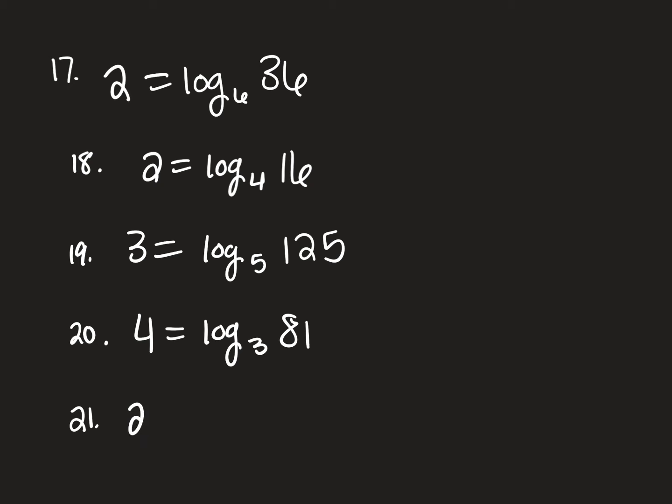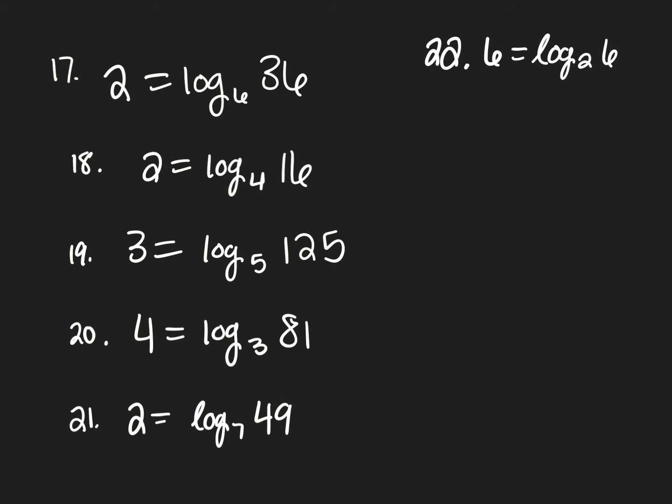21 is 2 equals log 7 of 49. 23. Nope, sorry, 22. Getting ahead of myself. Is 6 equals log base 2 of 64. 23 is 3 equals log 9 of 729.